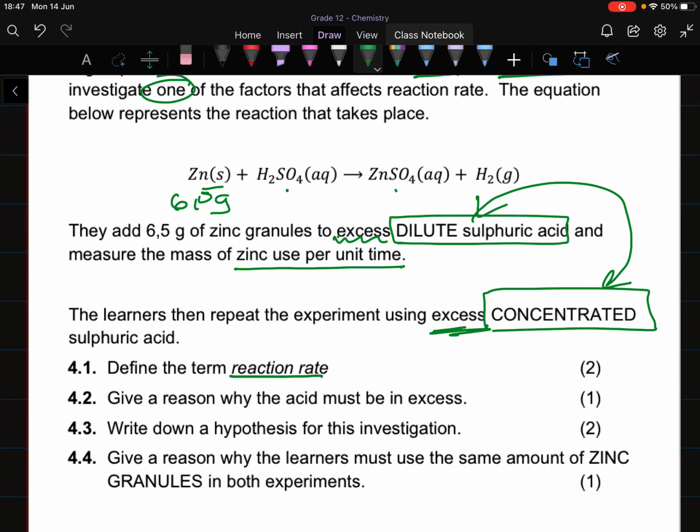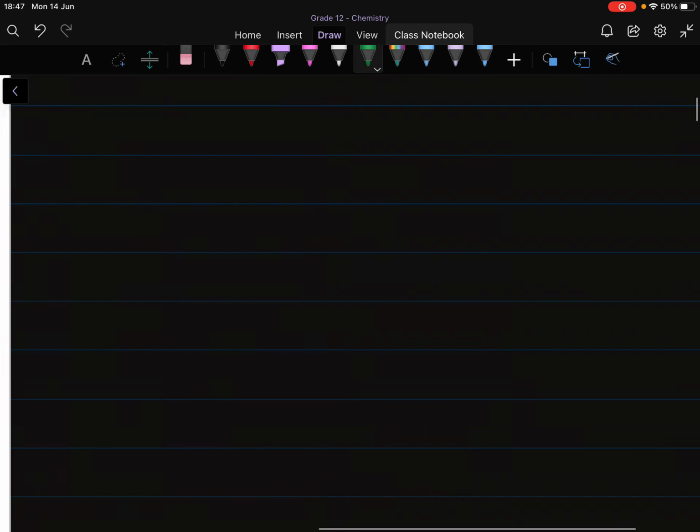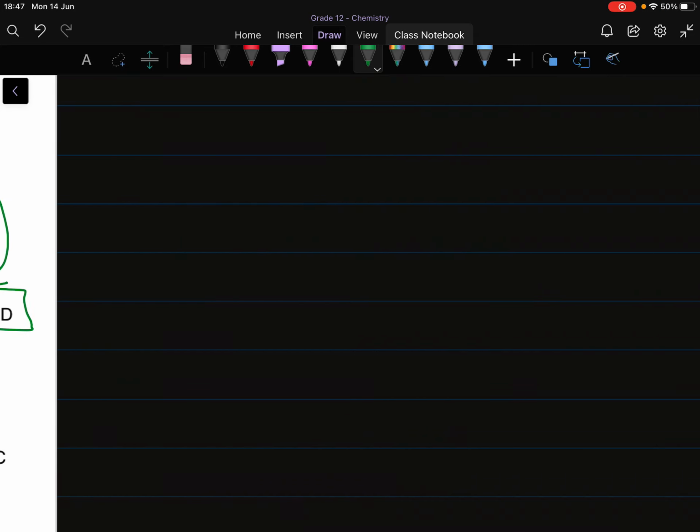First question is to define the term reaction rate. It's a definition. So that's straightforward. And yes, in this particular reaction, we were looking at the change in mass, but they didn't ask for this reaction. They just said in general.